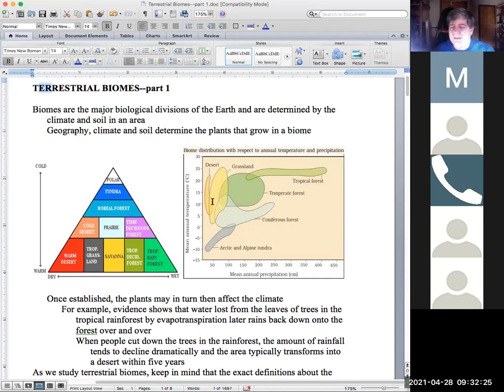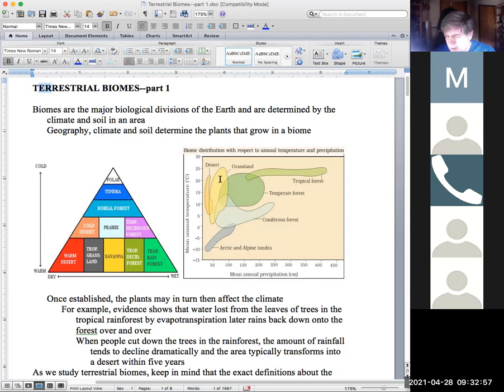Now, if we look at a slightly different way of representing this, let's actually put some numbers here. Sorry, I couldn't find a good graph I like, but the precipitation is on the x-axis again, and we're going from dry to wet. But on the y-axis, the temperature axis is reversed.